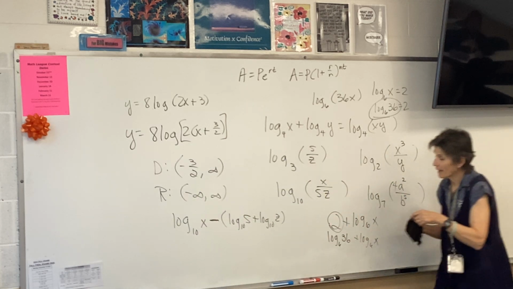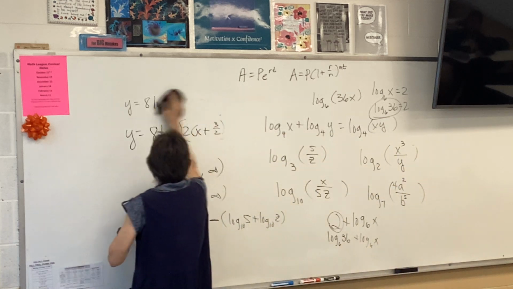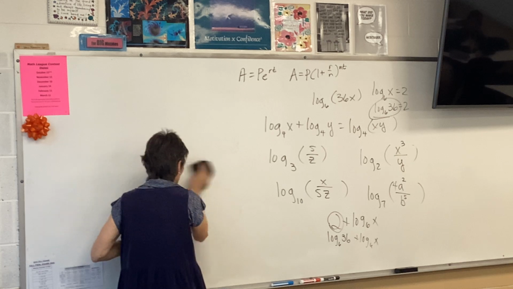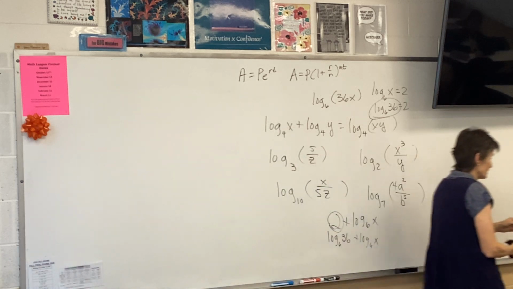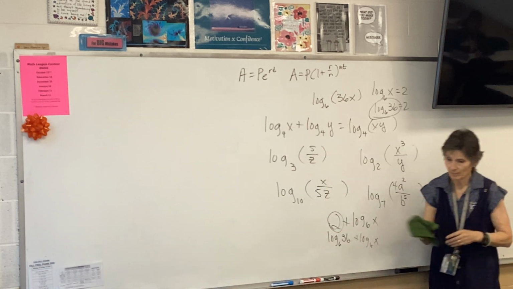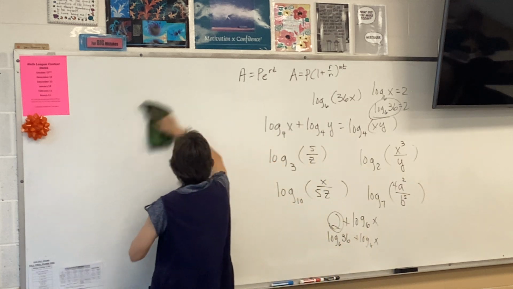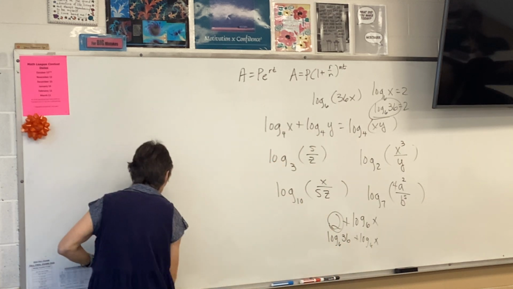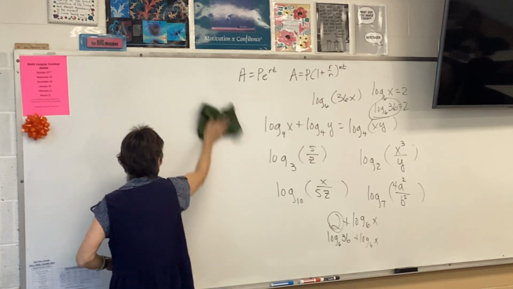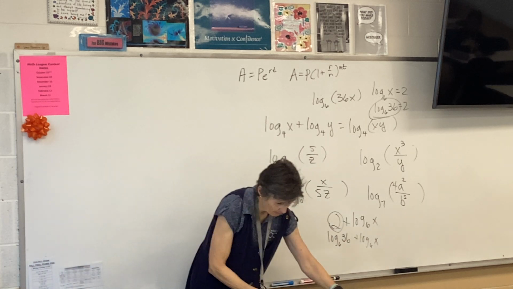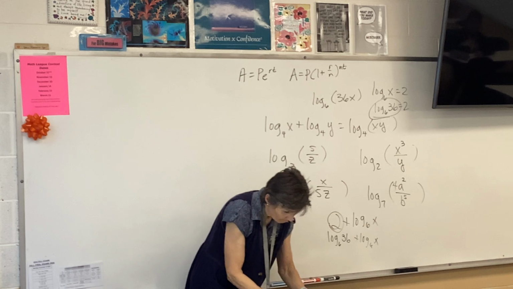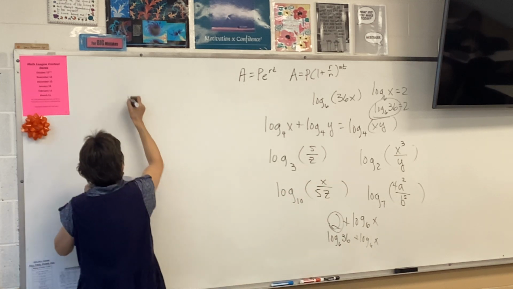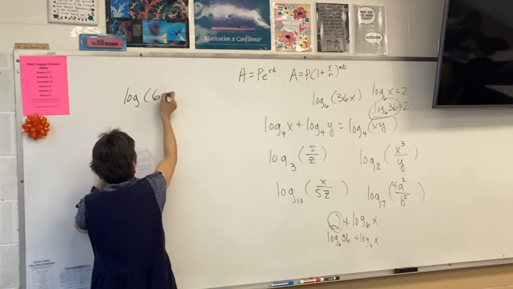So let's back up and see if we can figure out what this is even saying. What are we even talking about here? The original function is log, no base, just 10, of 6x.